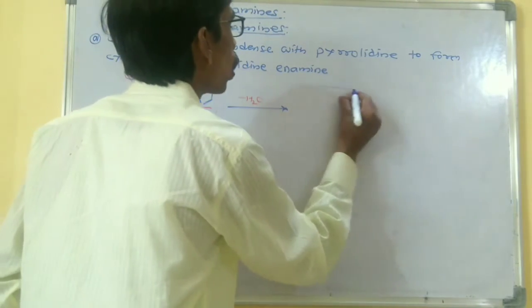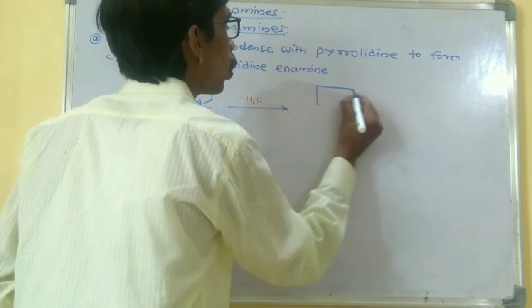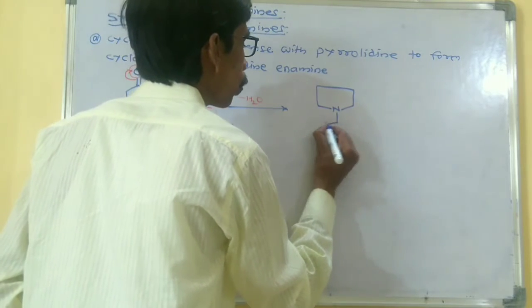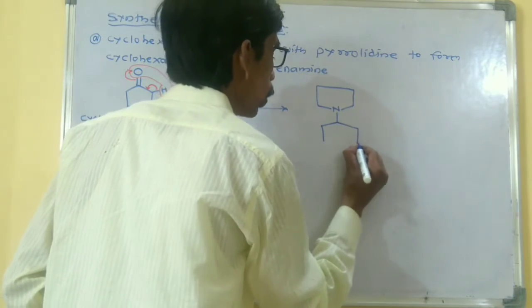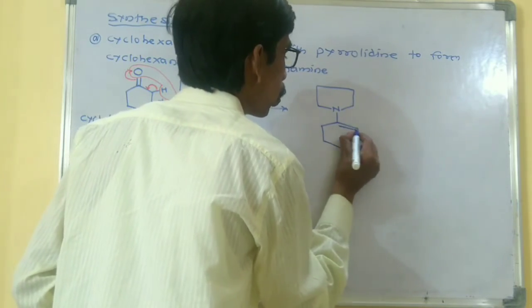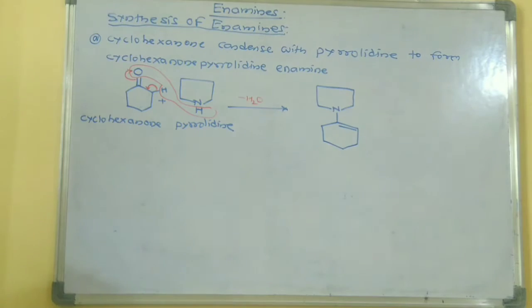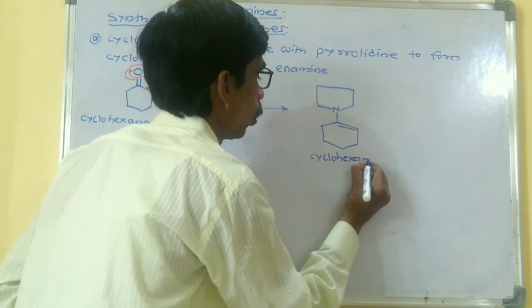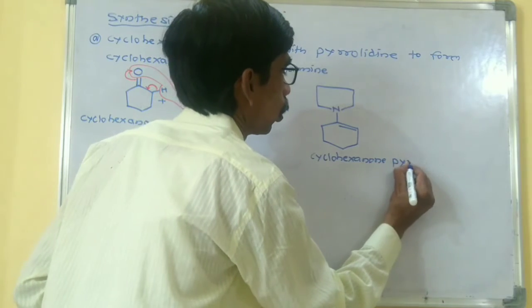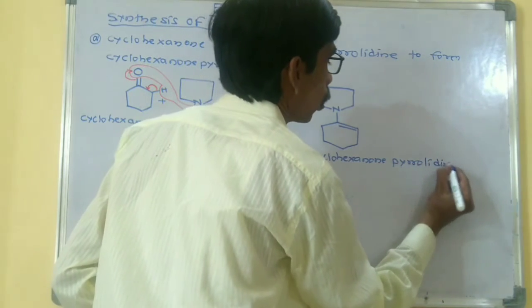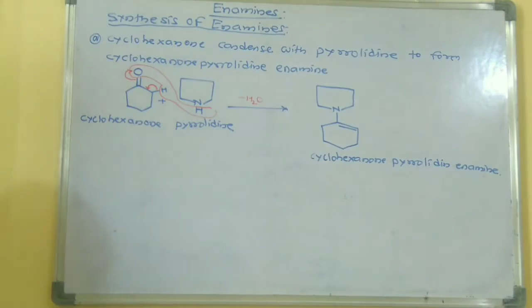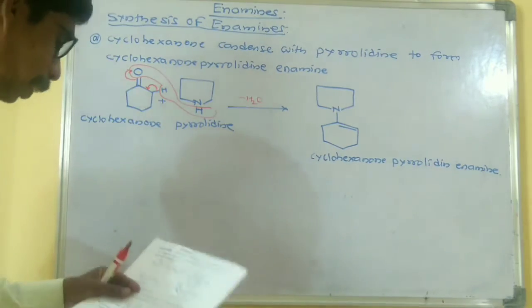So we will get this N. Now this is the formation of cyclohexanone pyrrolidine enamine. So this is the first equation.